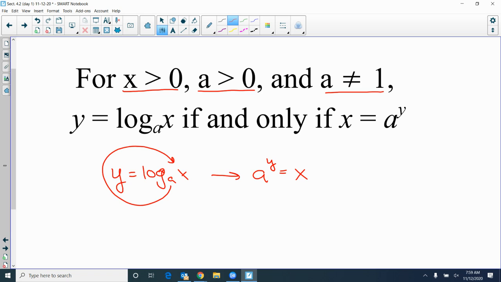I just have it reversed. So the base to the power has to equal that x. That's how the logs and exponential functions are related. So log base a of x has to equal that exponent.